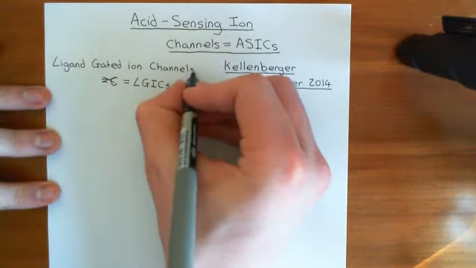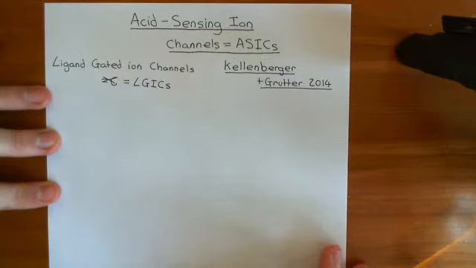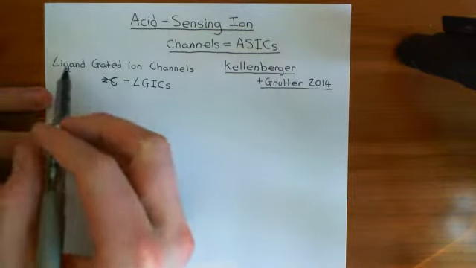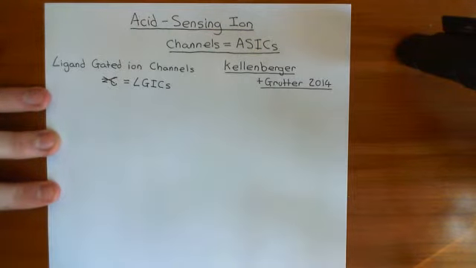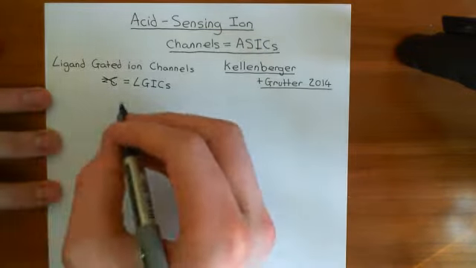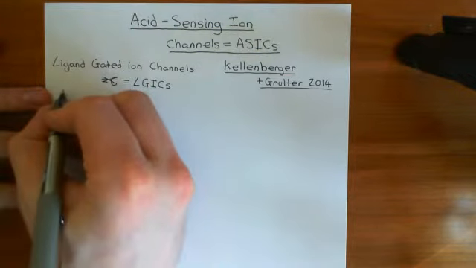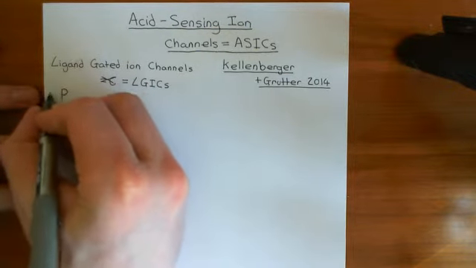These are just ion channels which, in order to open, need certain molecules known as ligands bound to them in order to cause a change in conformation, which will then allow the channel to open. All ligand-gated ion channels that we find in humans can be categorized into three great families. So let's now discuss these three great families.